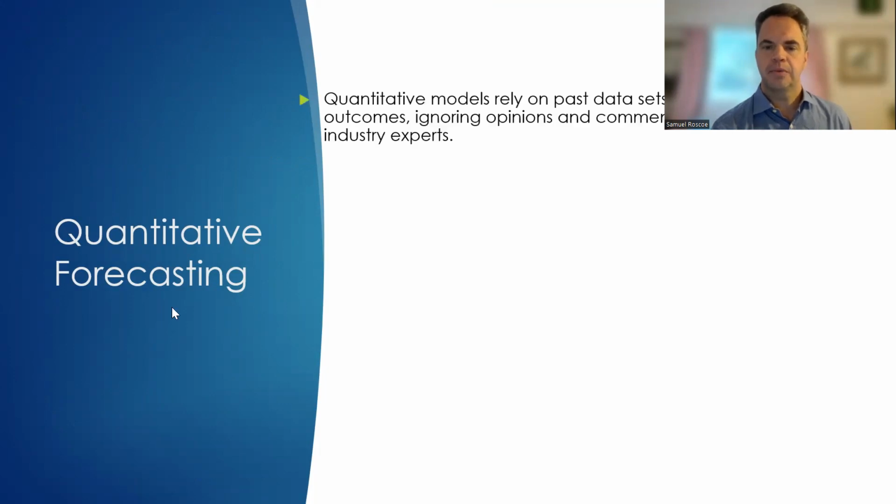This relies on models, and really, as you can see here, what we're doing is we're crunching past data to predict future outcomes. Okay, so this ignores opinions and commentary from insiders, industry experts.